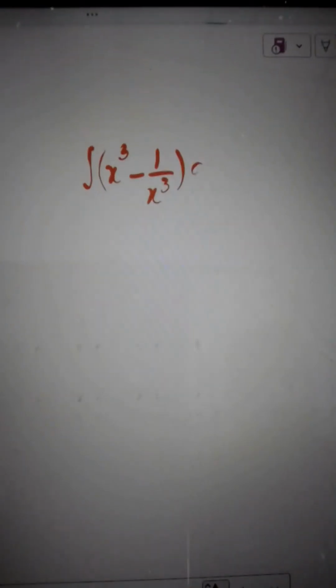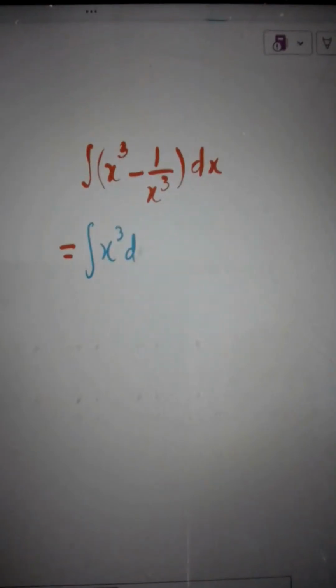So let us find its antiderivative or integration. How can we do it? We will apply the integration operator separately on both of them.